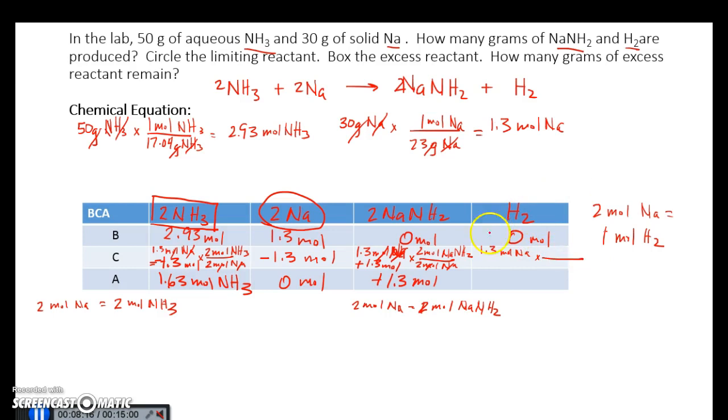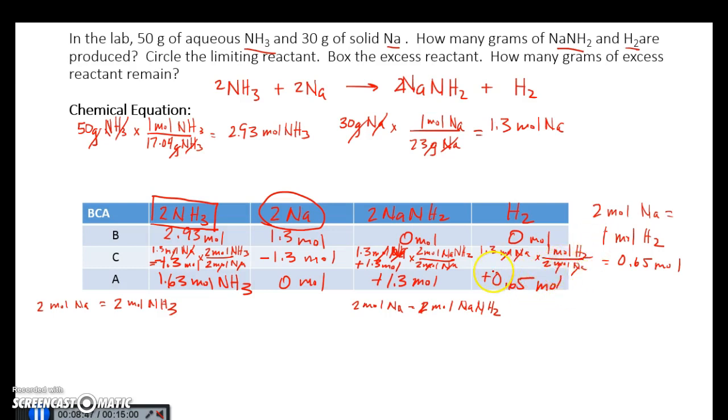With this one here, to cancel out my Na, I place 2 moles of Na on the bottom and 1 mole of H2 on top. This works out to be 0.65 moles of H2 that are produced. In other words, we place that right in our after section over here.